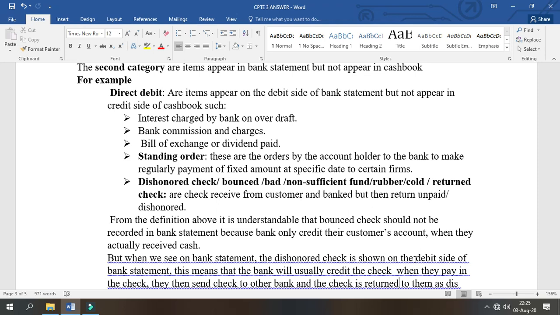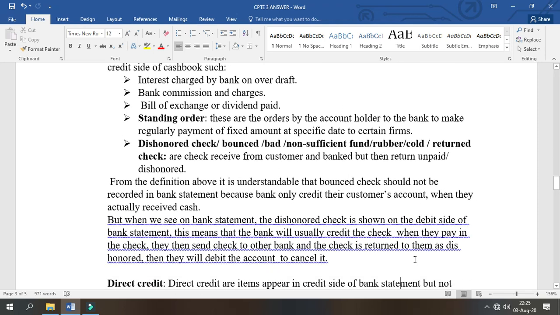Then they send the check to other banks of the customer, to see if the customer who gave that check has another account in another bank to withdraw the money to honor that check.